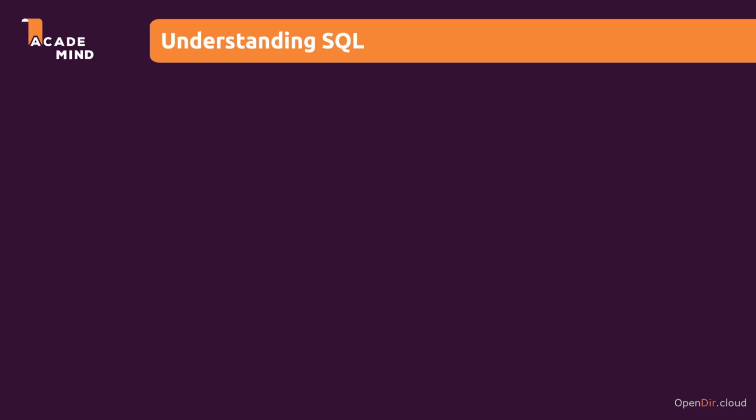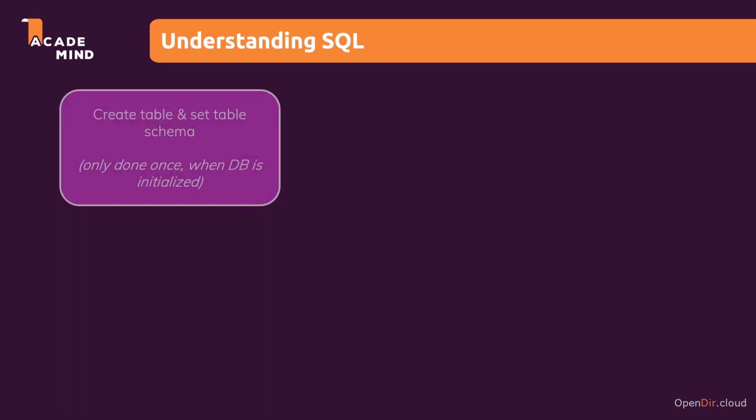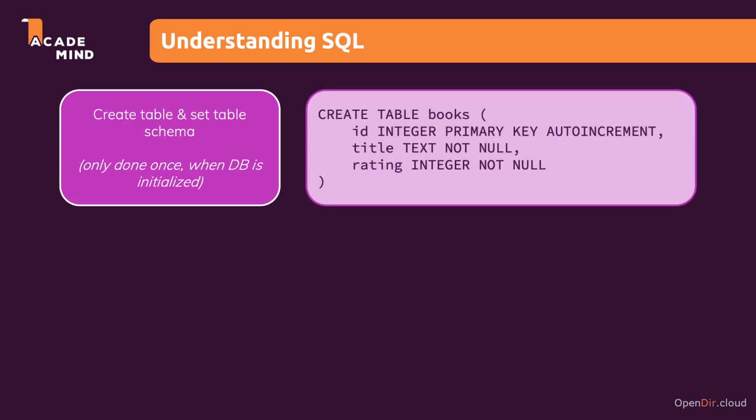So we need to install a database, or in the case of SQLite, create that file. And then we can run SQL queries against that database by using certain tools. More on that in a second. For example, we can then create tables and set the table schema, so the structure of that table, with a command like this.